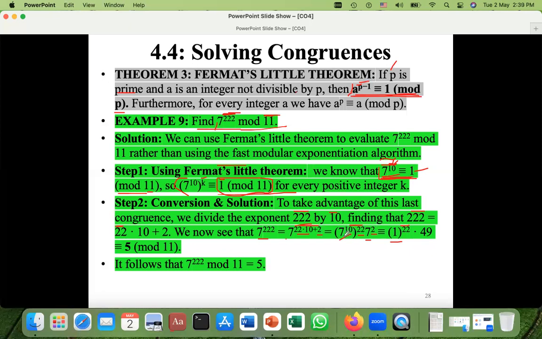When this 7 raised to the power 10 is only one time, make it 22 times. Also for 7 raised to the power 10, it is only one time, also make it 22 times. Okay, that is fine. And 7 raised to the power 2, I'm just opening it up, is equal to 49. Write it like that. And then congruent, 7 raised to the power 10 is completed, and then mod 11.